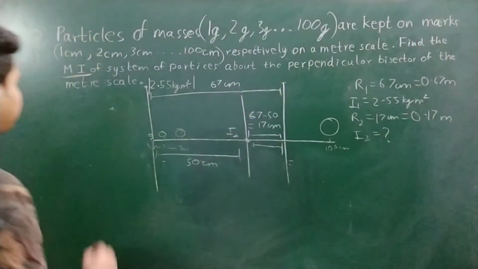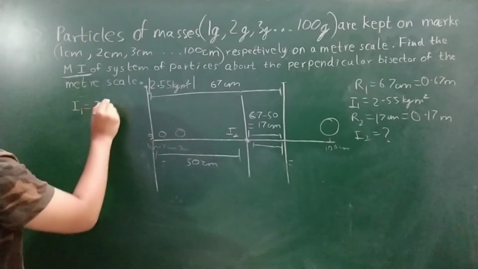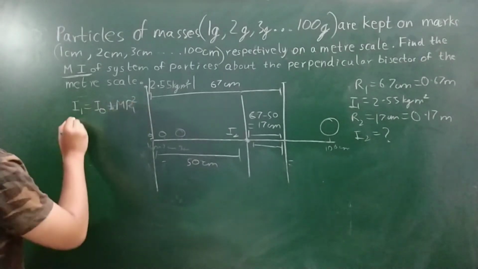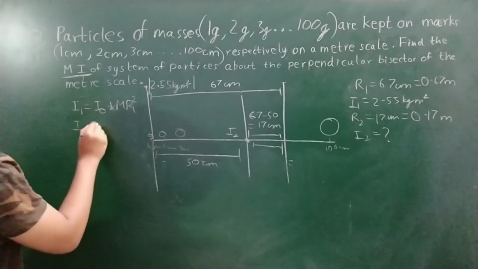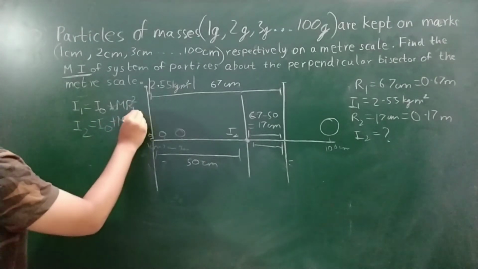Now using the parallel axis theorem, I1 equals I naught plus m R1 square, and I2 equals I naught plus m R2 square.